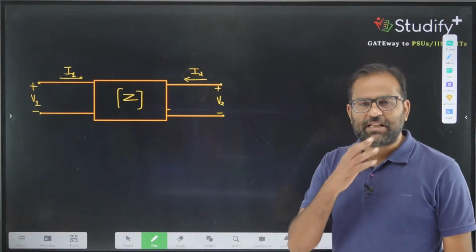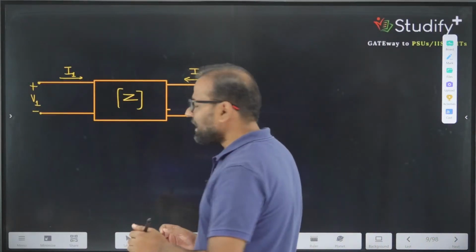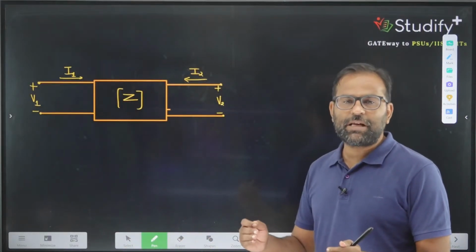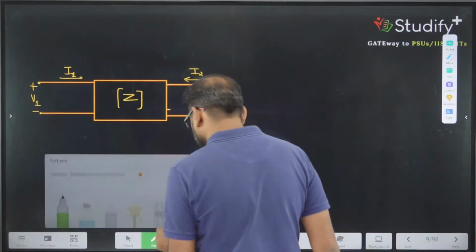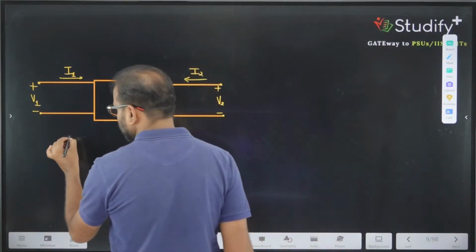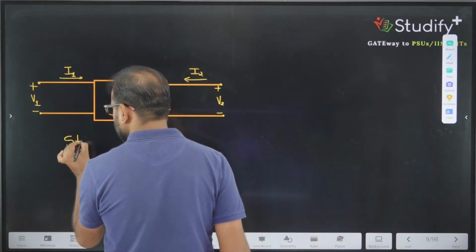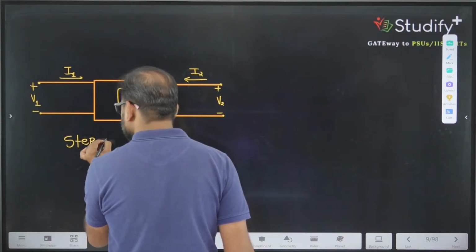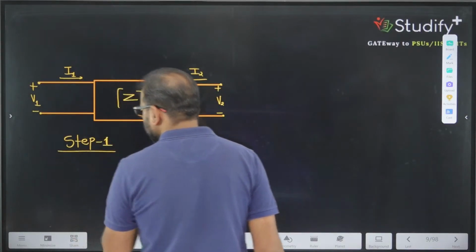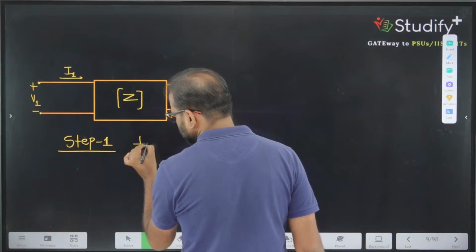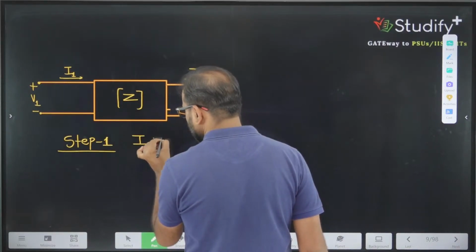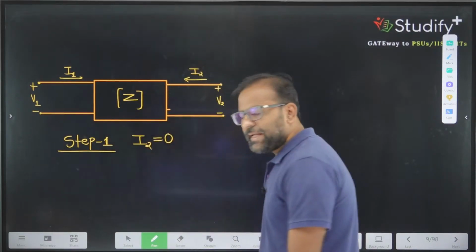What is the first analysis? We have independent variables I1 and I2, so let's make step number 1 to approach the network. Step number 1 is to make I2 equal to 0.